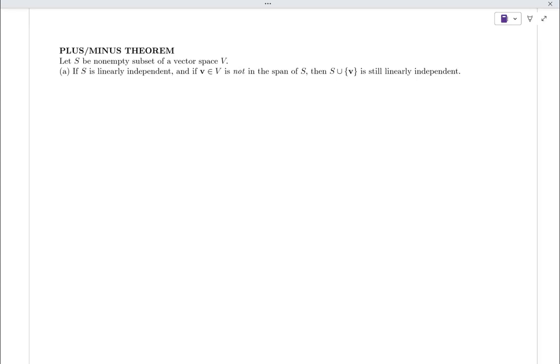So the idea behind this would be, let's suppose that I throw this vector in here, and it is linearly dependent.